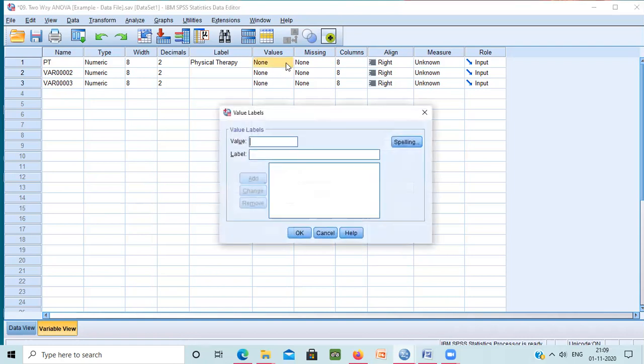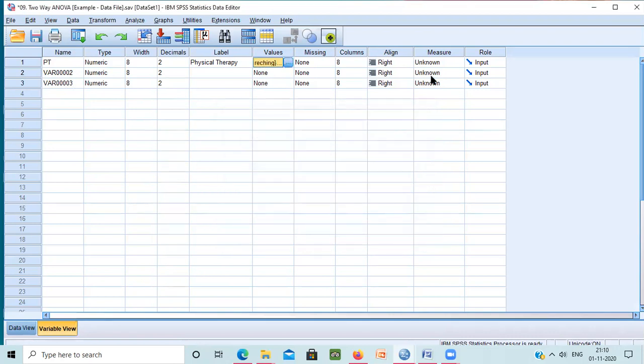We have one as stretching and two as strengthening. So these are the two value labels we've got. I'm adding it here, and moving to the measure, we all know it is nominal.